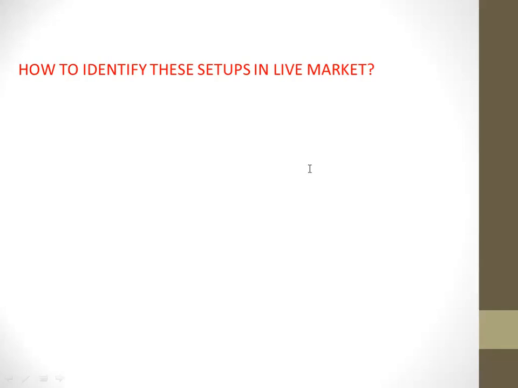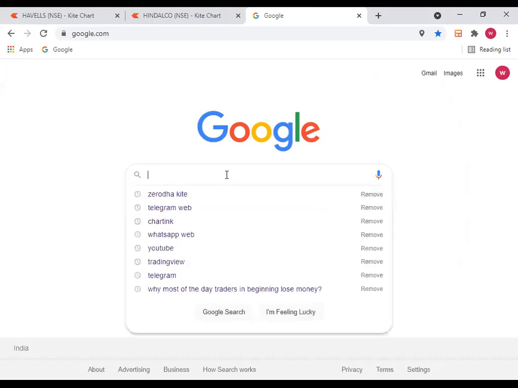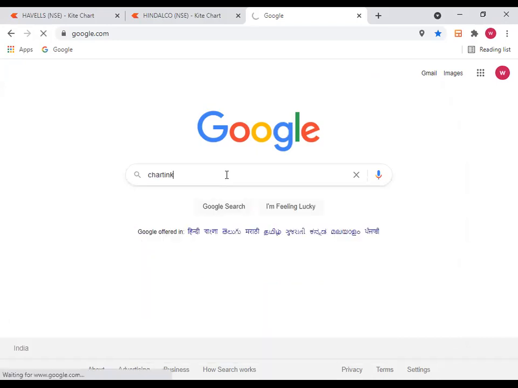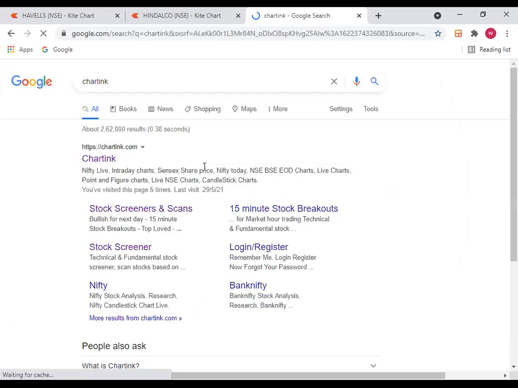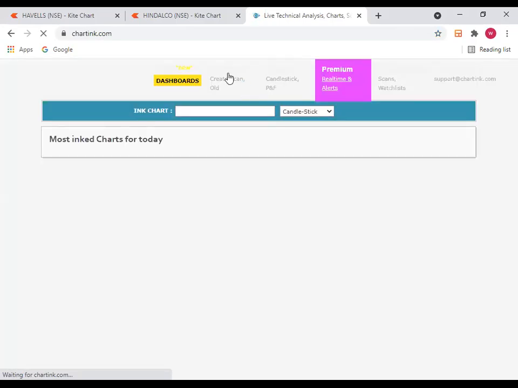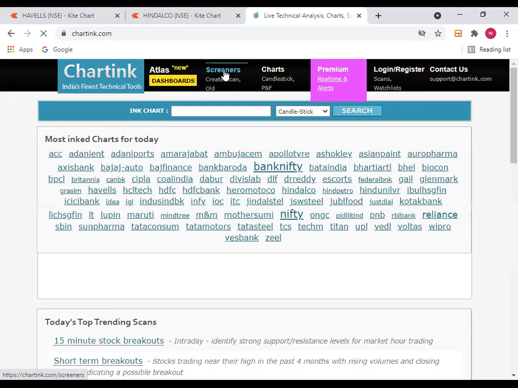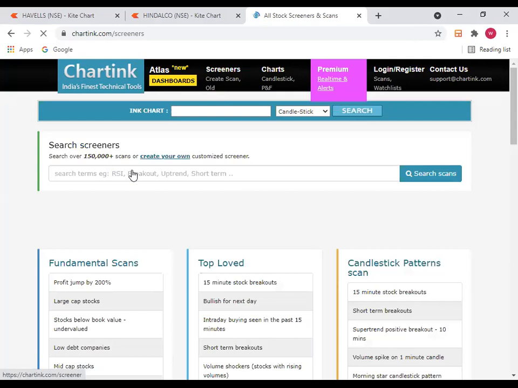Okay. So here, first we need to go to Google. In Google, we need to type charting. In charting, we need to move to screeners. After screeners, here we will have one icon: create your own customized scanner.